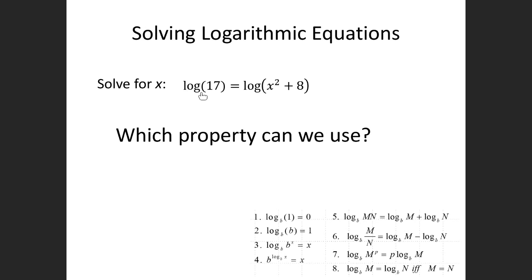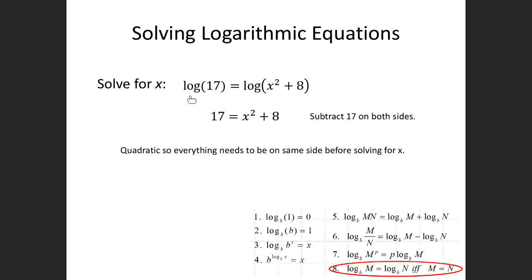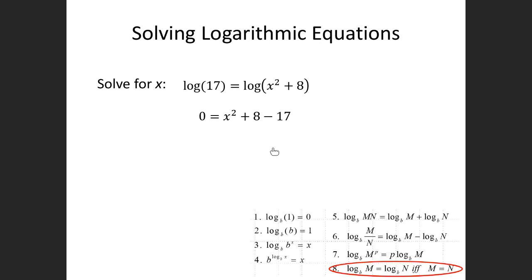Okay. So since they both have the same log, again, I can use the same property, which is my one-to-one property. Okay, so for these two logs to be the same, that means my inputs have to be the same. Okay, 17 has to be equal to x squared plus 8. Again, we're going to be left with a quadratic, right?